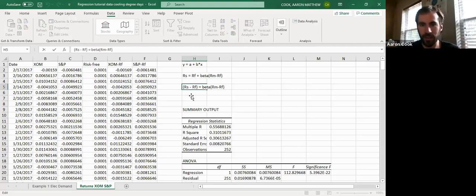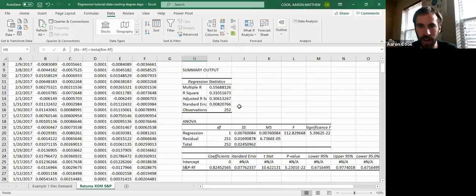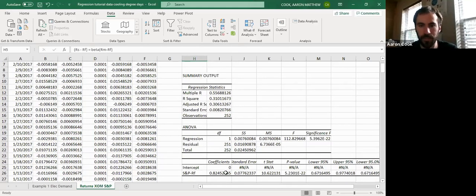And so if you have those observations of y, which are the returns on the asset minus the risk-free rate, equal to beta times the returns on the market minus the risk-free rate, and you regress that model, the coefficient that you get on the market returns minus the risk-free rate is in fact the estimated beta for that set of data, those sets of asset returns paired with market returns.